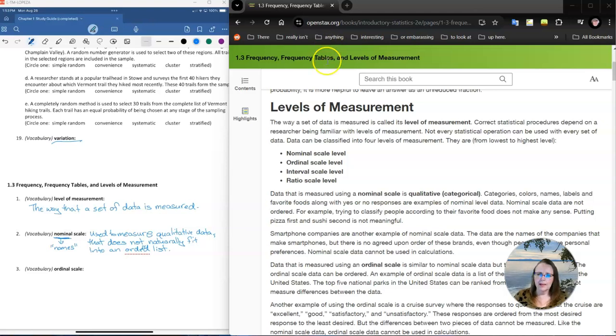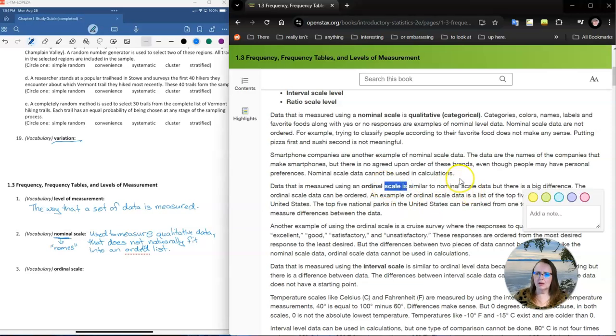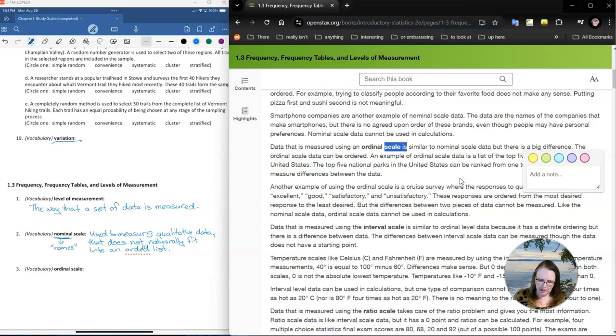Now, an ordinal scale is one that measures qualitative data, but it does it in a way that it is in order. So ordinal scale, qualitative data that needs to be ordered.